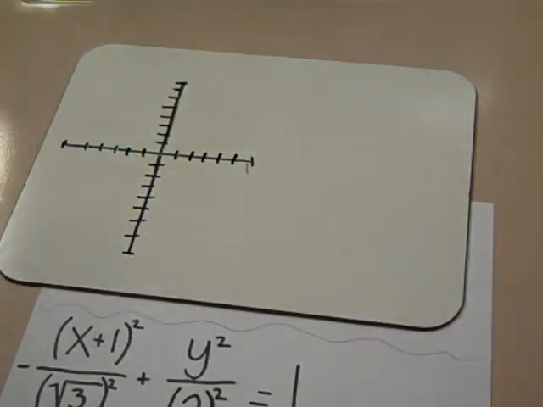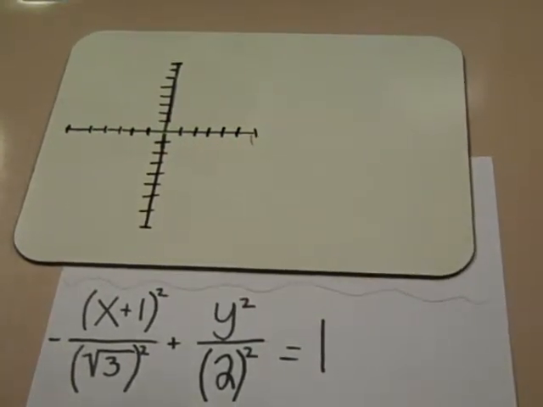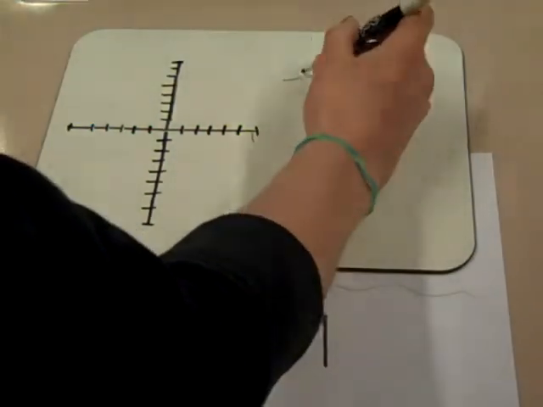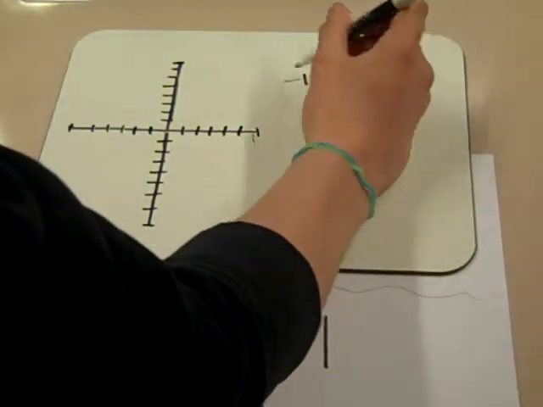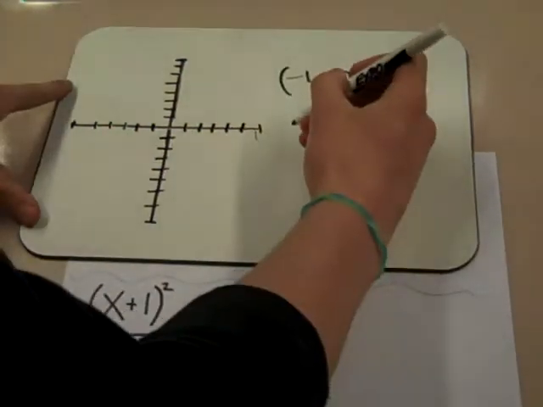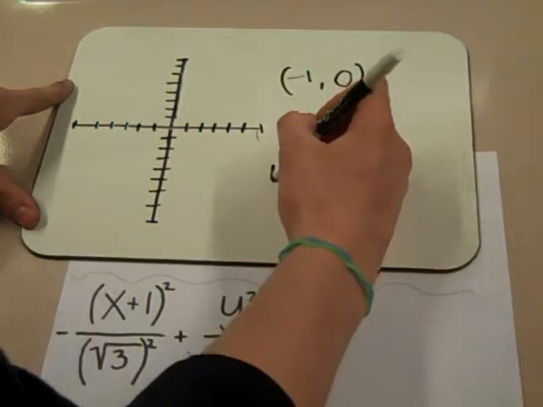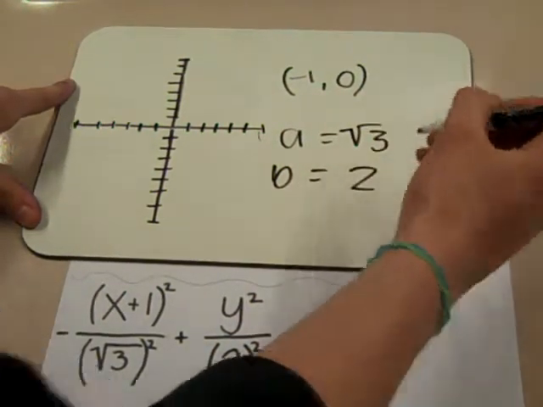Given the equation negative (x plus 1) squared over the square root of 3 squared plus y squared over 2 squared equals 1, the center of the hyperbola would be at (h, k), or (negative 1, 0). To find a and b, you take the square root of the bottom of the equations, where a equals the square root of 3 and b equals 2.